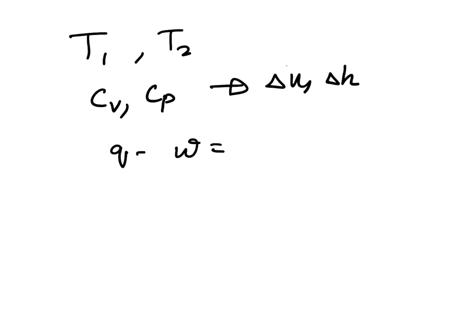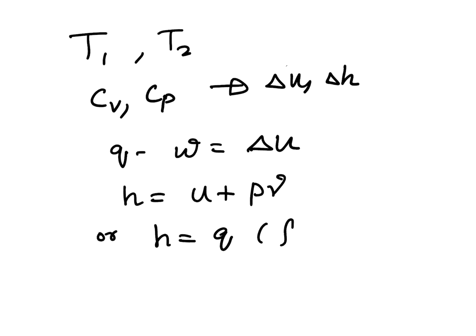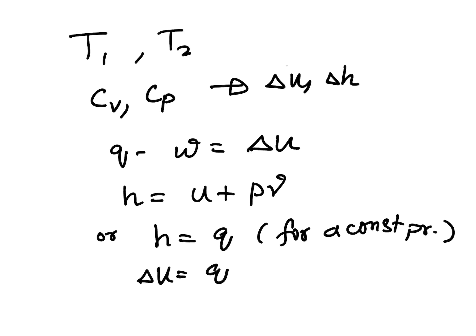Using the first law, which is Q minus W equals delta U, as well as the definition of enthalpy, which is U plus PV equals H, or delta H equals Q for a constant pressure process, and delta U equals Q for a constant volume process, you can calculate relevant quantities, or changes in the state variables, or the amount of heat and work transferred, which are path variables in this system.